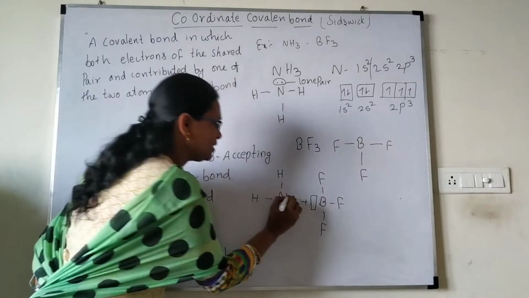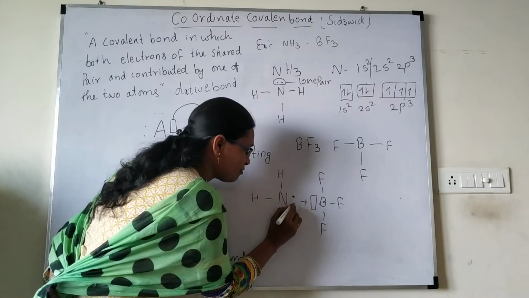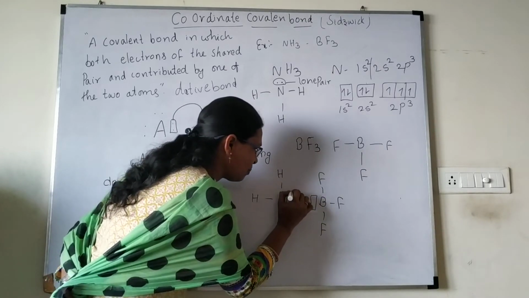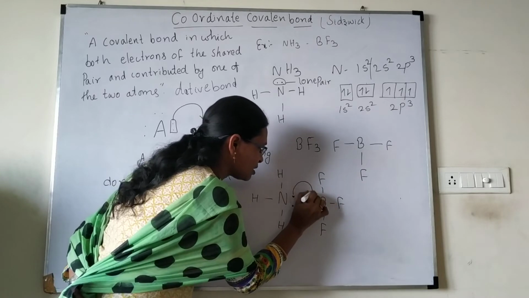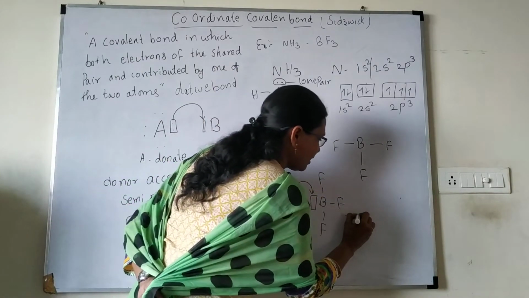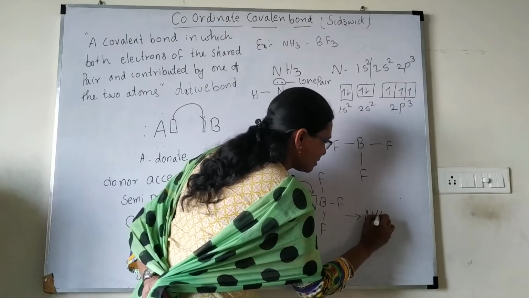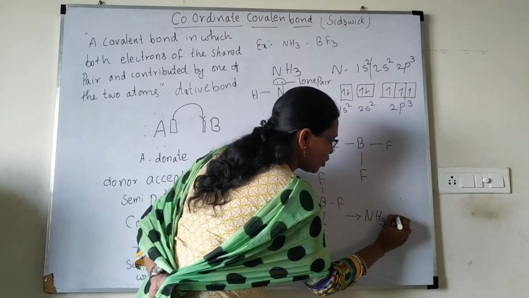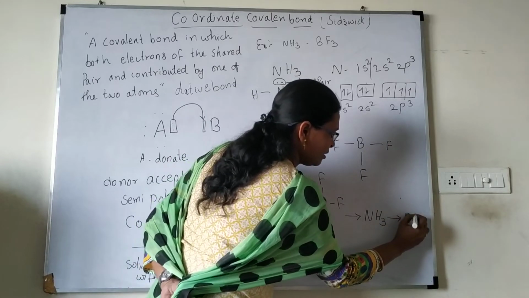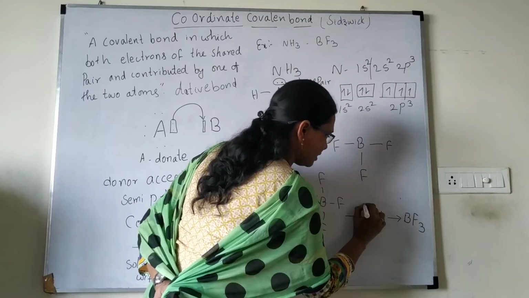So what will happen here? The lone pair of electrons is present on the nitrogen. This pair of electrons will transfer to this, okay. And here it is forming NH3, means ammonia, coordinate covalent bond with an arrow symbol, and then BF3, okay.